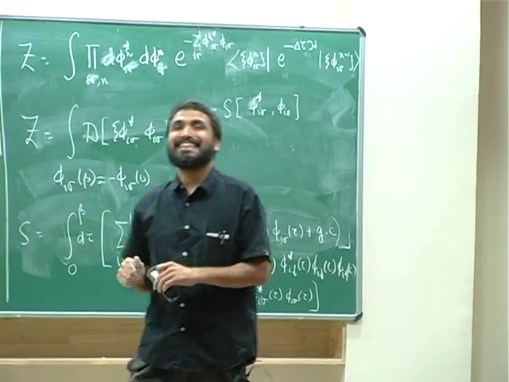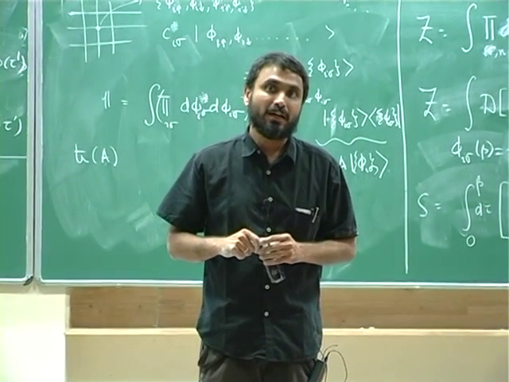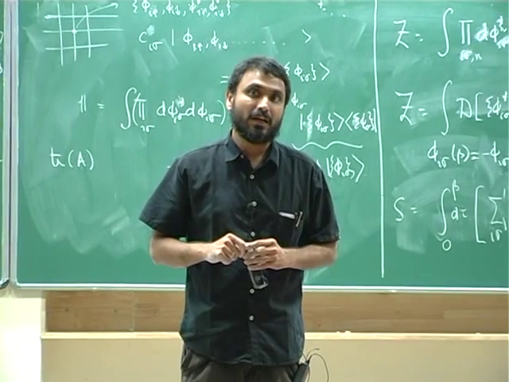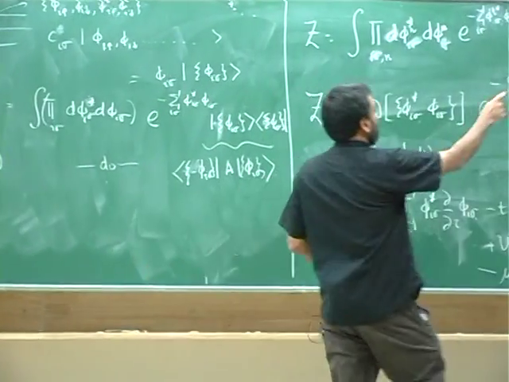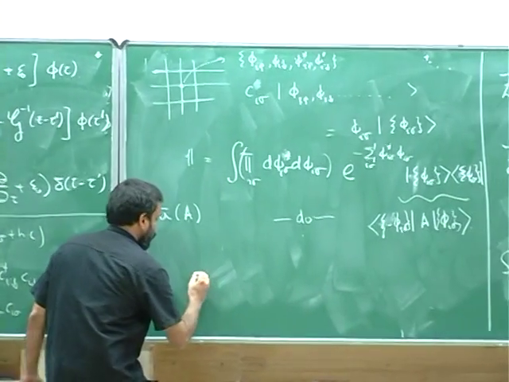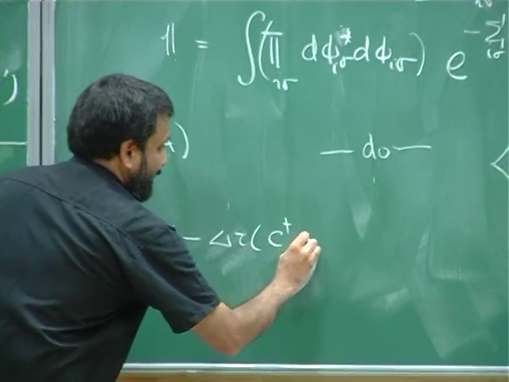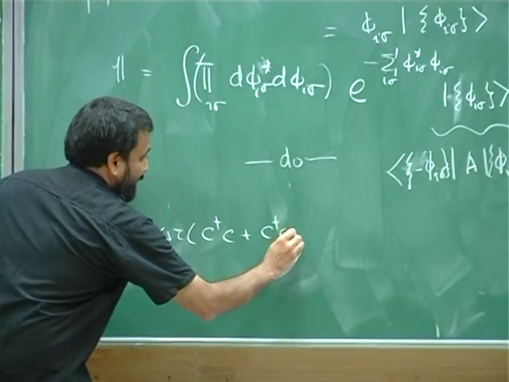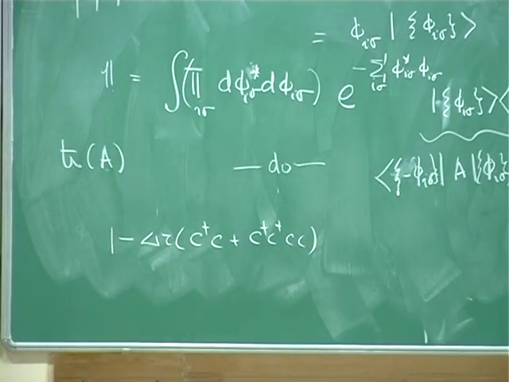Yes? Can you repeat, how does normal ordering lead to an error of delta tau square? Okay, all right. Suppose I take this guy, right? What do I want to do? I want to have 1 minus delta tau, and then there is a C dagger C plus C dagger C C. This is the linear term in this, right?